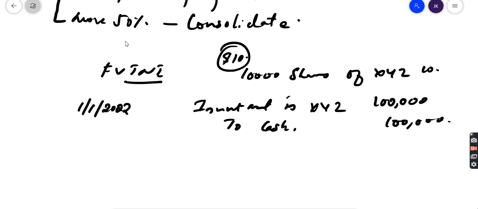Now let's say at the end of the year, this company earned a profit of another 100,000, and they declared a 50% dividend, which means they gave us a dividend.